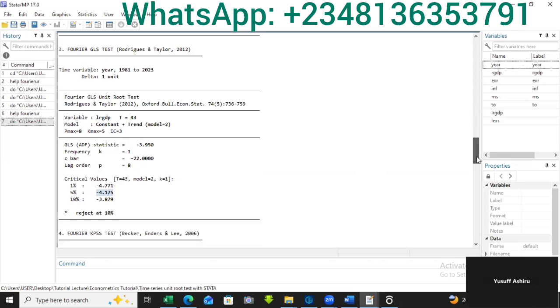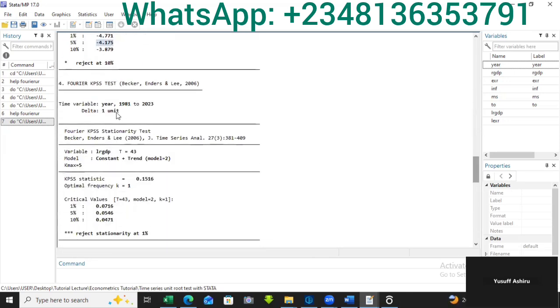According to this test, this series is not stationary. If you check at 10% it is stationary, but that is not the conventional level anyway. So we are going to stick to our 5% conventional level. This test statistic is less negative than the critical value at 5%, so we cannot reject the null hypothesis of unit root.